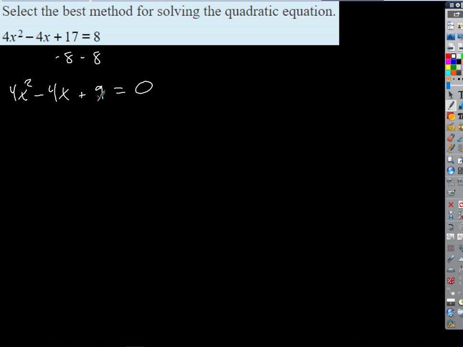If all I'm trying to do is select the best method, if I'm stuck with a, the coefficient of x squared, because we put this into standard form, which is just ax squared plus bx plus c equals 0, if a is not equal to 1, right away, which technique are we going to use for sure? Quadratic formula, right?